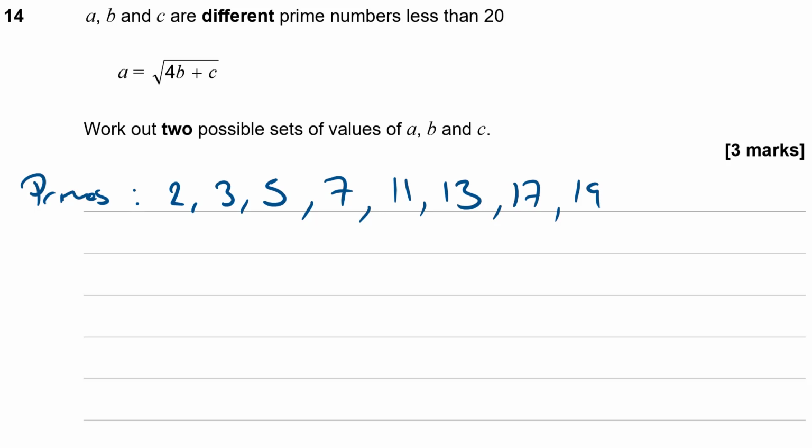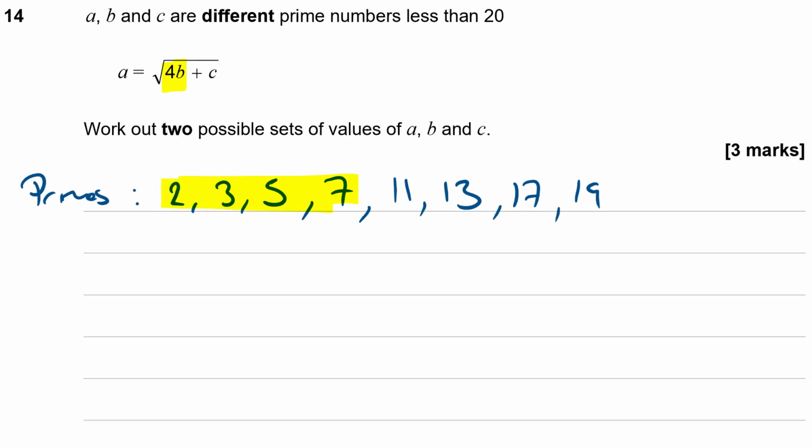Now there are lots of possible combinations of 3 things from 8 things. So let's see if we can think it through a little bit and make the choices easier for us. We're going to have to take the value of b and times it by 4. So I imagine we're going to have to pick our values of b from the lower end of the group.